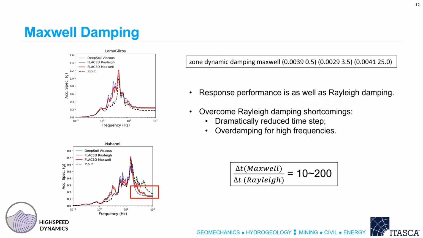Maxwell damping does not have these shortcomings. In general, the dynamic time step with Maxwell damping could be 10 to 200 times that of Rayleigh damping. For example, for some large soil structure interaction dynamic analysis, the time required was 2 months. Right now, using Maxwell damping, this can be finished in less than 10 hours. That's huge progress.